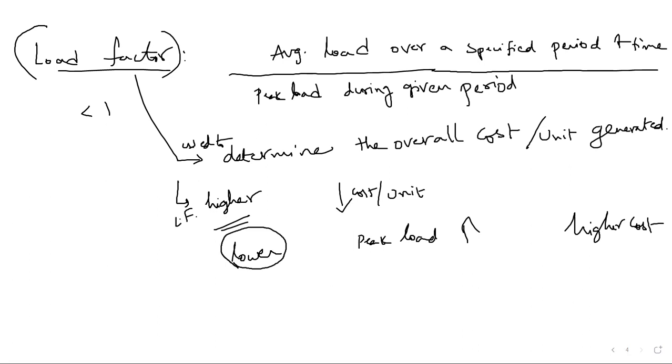Let us take customer A, customer B, customer C. We need to classify the consumers. One consumer has a higher load factor. In another area, the consumer has a lower load factor. Based on that, we need to encourage the persons who are utilizing the load factor properly, right? Based on that, we are going to structure our tariffs.